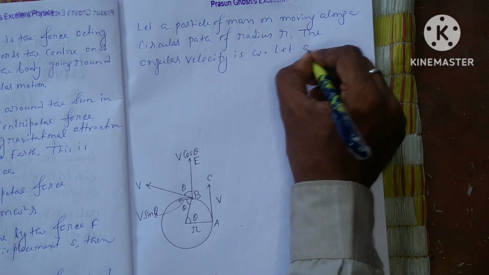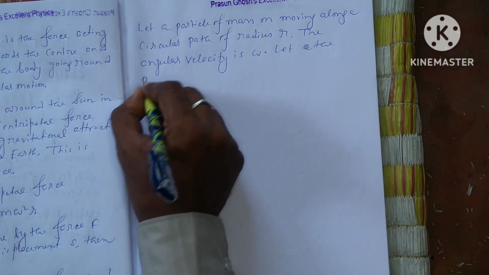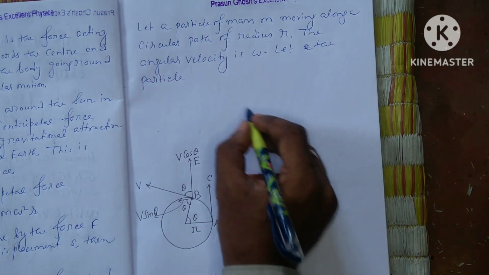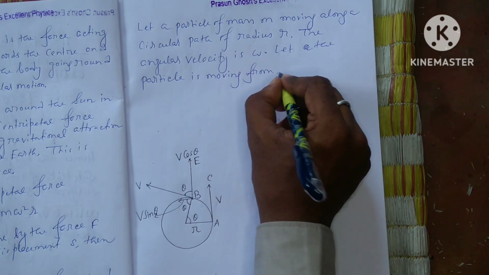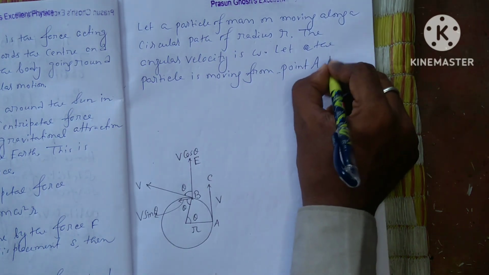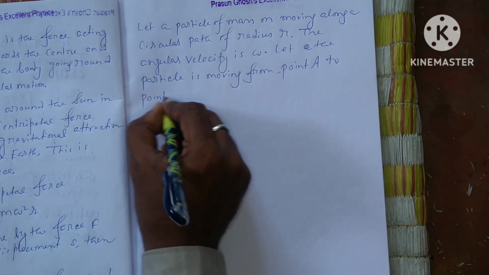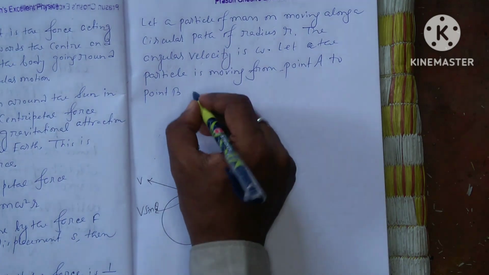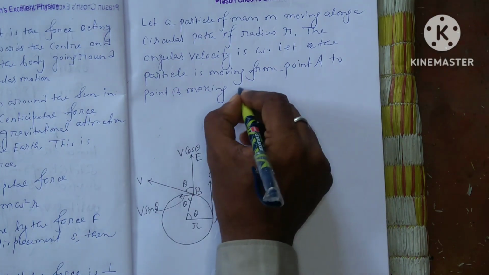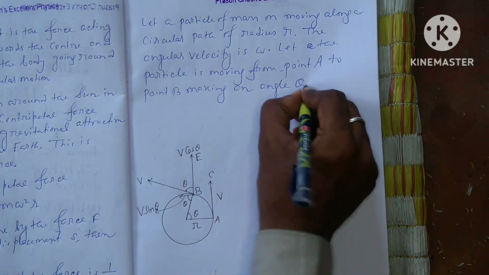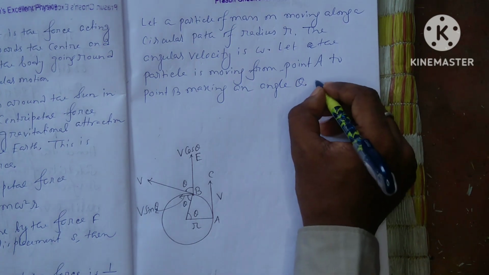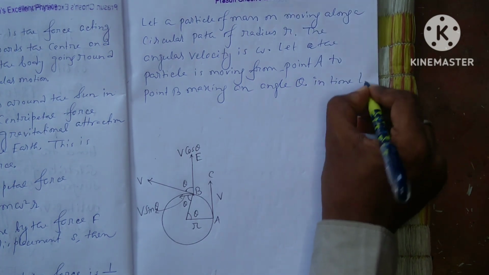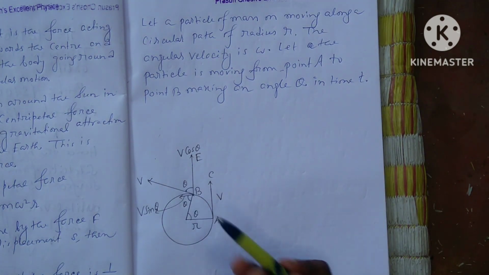Let the particle be moving from point A to point B, making an angle theta in time t.